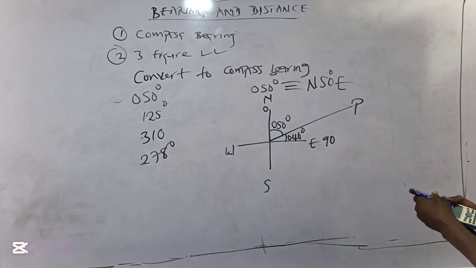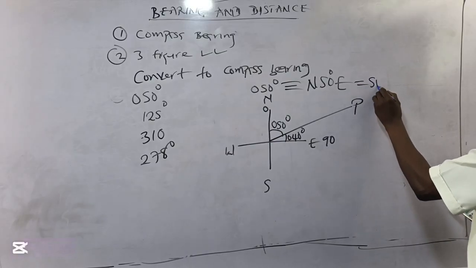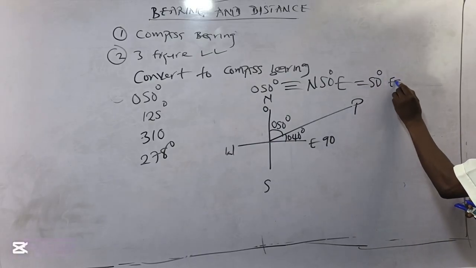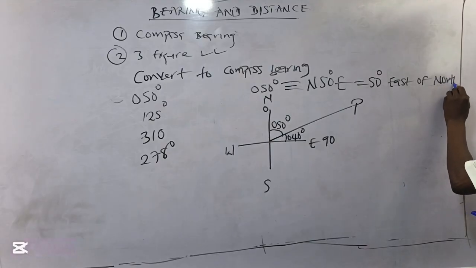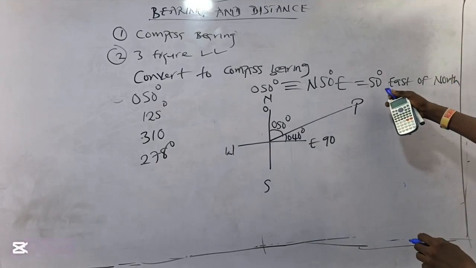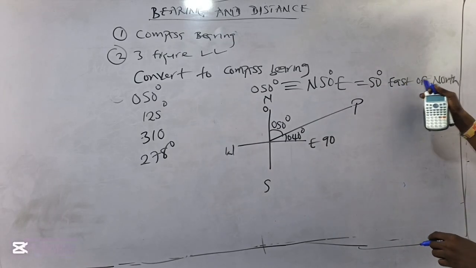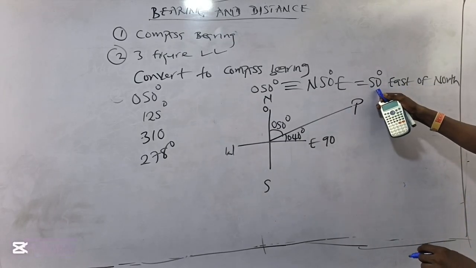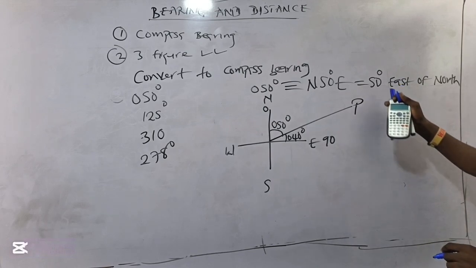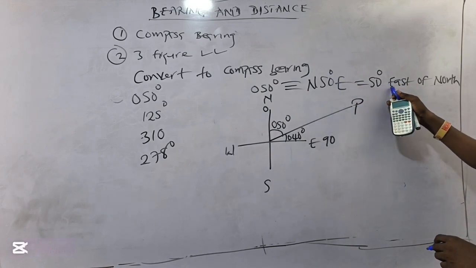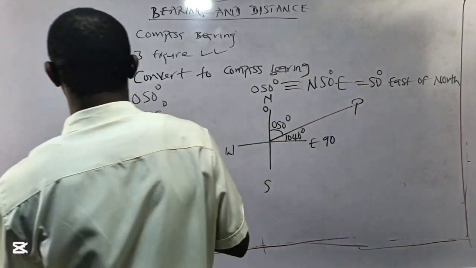And take note, if you don't want to represent it like this, you can simply say 50 degree east of north. If you want east to come first before north, then you put the angle first, followed by the east before your north. So this north 50 degree east is the same as 50 degree east of north. Take note.